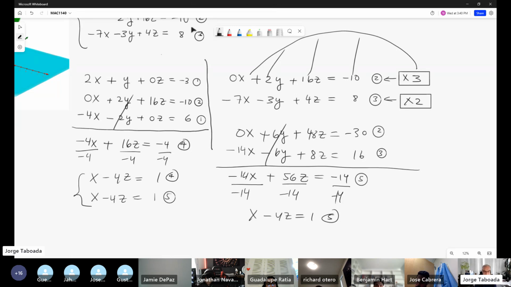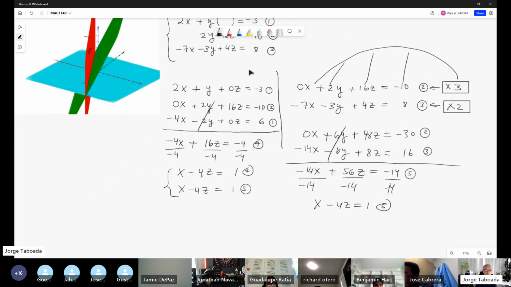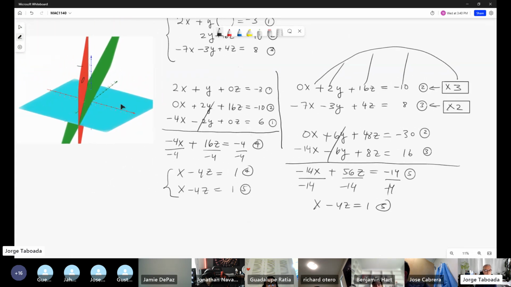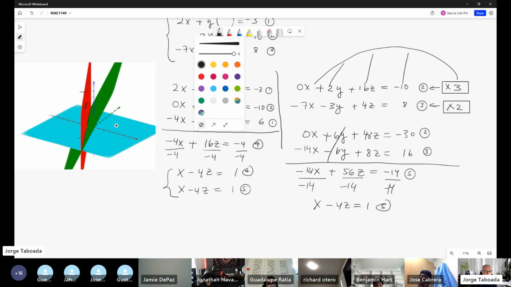According to the picture that we saw before, that picture is the three planes, three equations, green, blue, and red. And I discover that we have infinitely many solutions. I discover that we have one line here that is common.